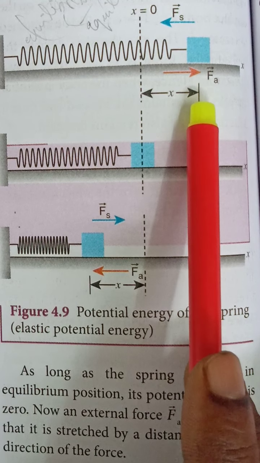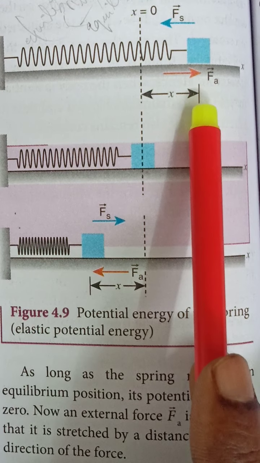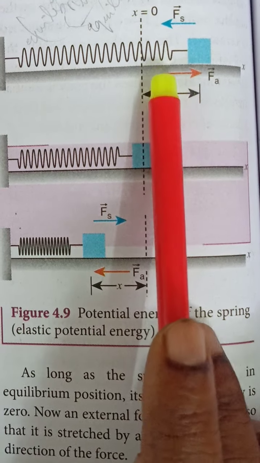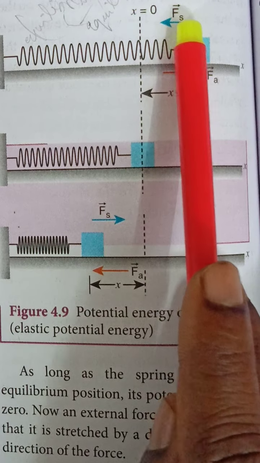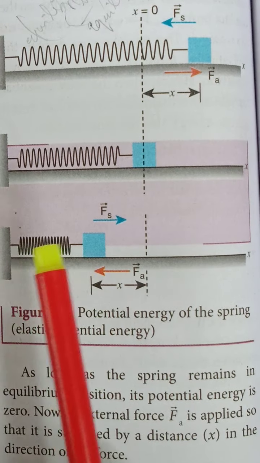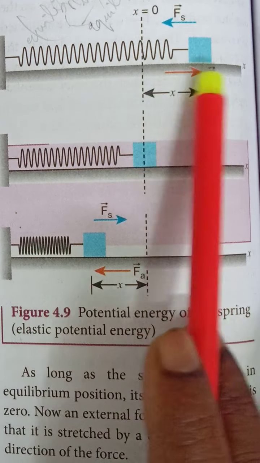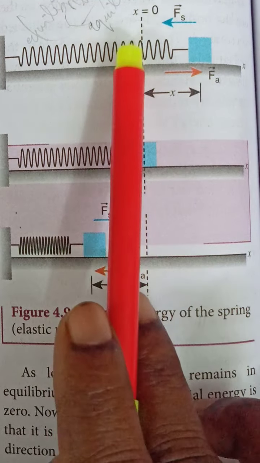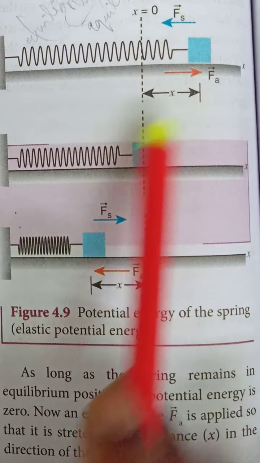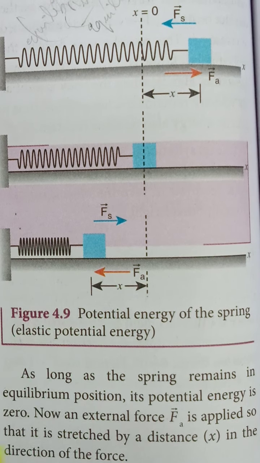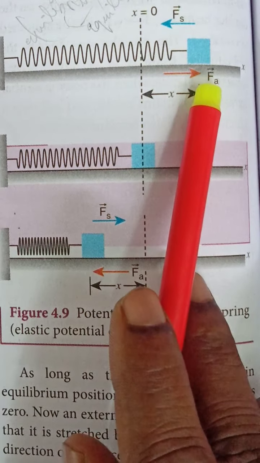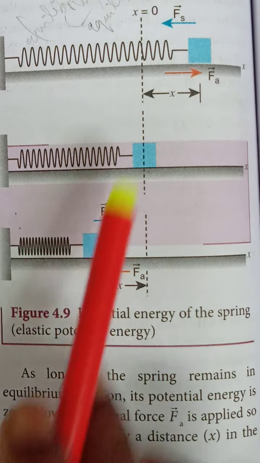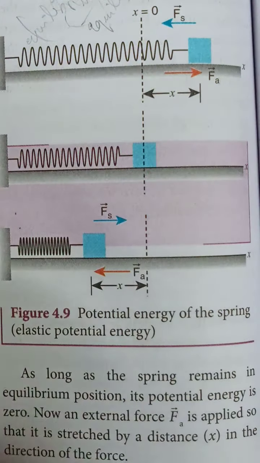The restoring force of the spring, Fs, acts in the opposite direction to the applied force Fa, which is applied manually. So we write Fa is equal to minus Fs. Both are equal in magnitude but act in different directions.